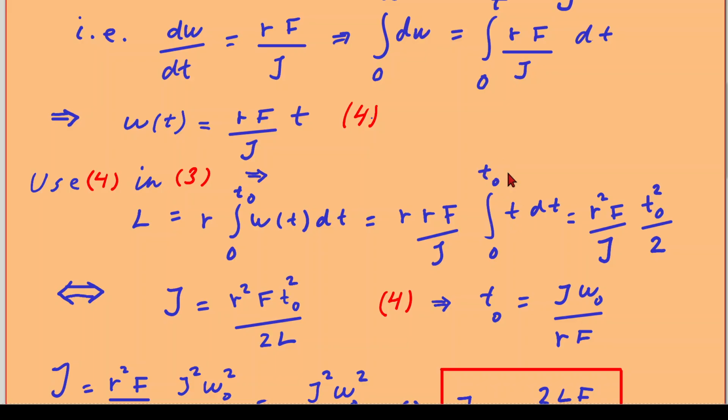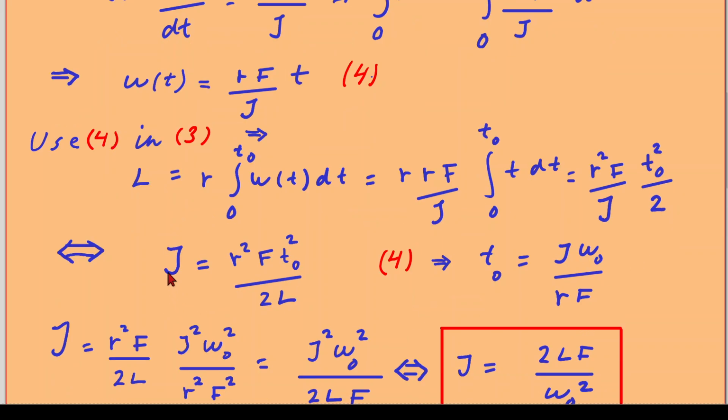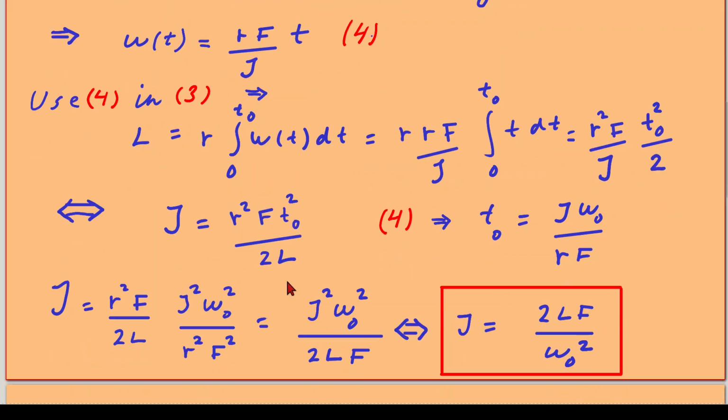And then the limits. So you get t squared over 2, with t naught here. So now you have L equal to this part here. And so the moment of inertia, J, equals this. And we can still simplify this a little bit.